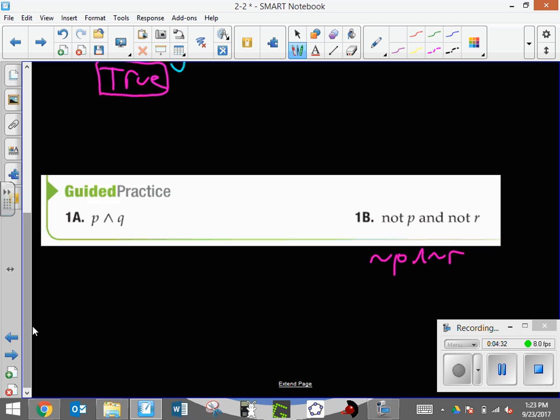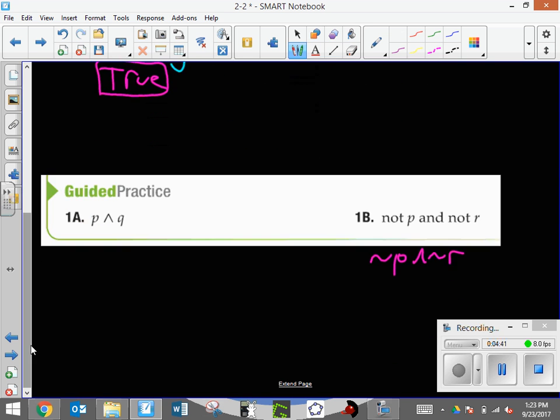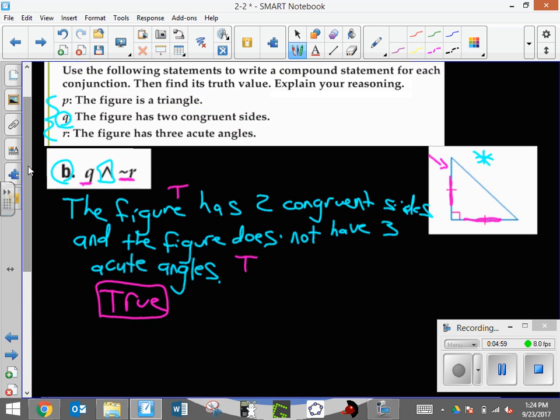Okay, so we're going to start with not P. P says the figure is a triangle. So not P is going to say the figure is not a triangle. The figure is not a triangle, and not R. We said R was the figure has 3 acute angles, so we changed it just like what we did in the first one.